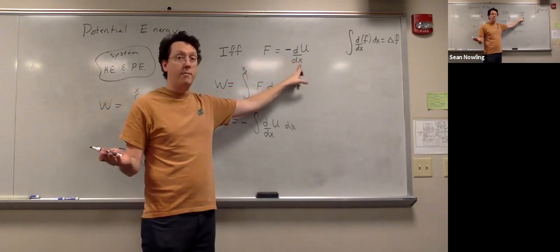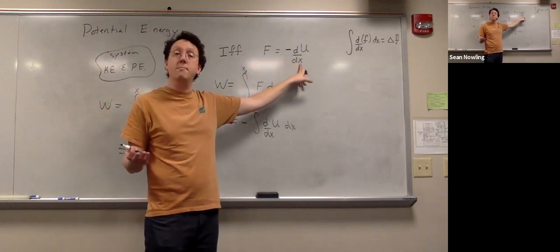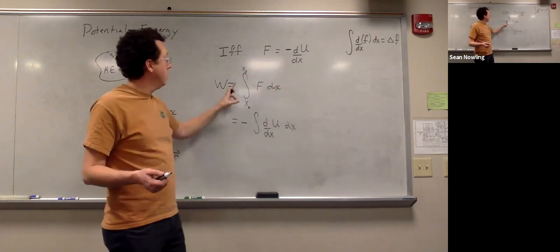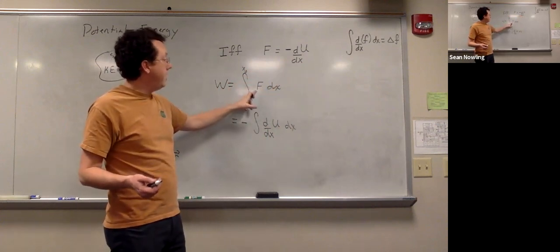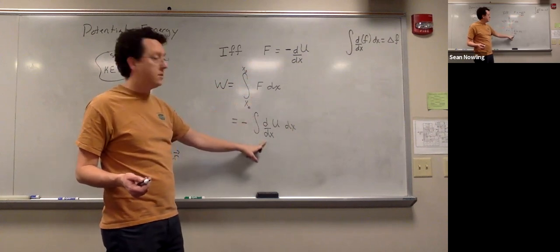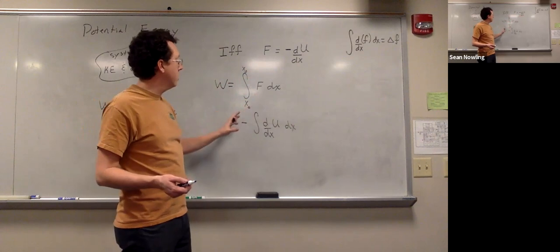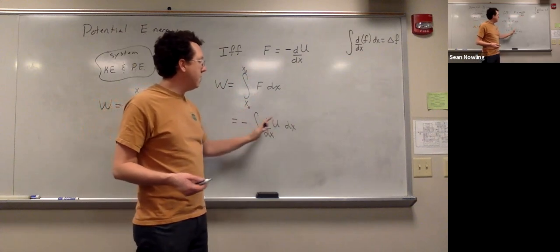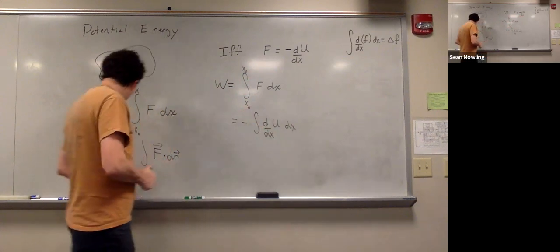Okay, so all I've done is said if the force has this form. They don't all have that form. Friction does not have that form, for example. Then you can plug it in like this, and the work integral is the same as the integral of a total derivative.